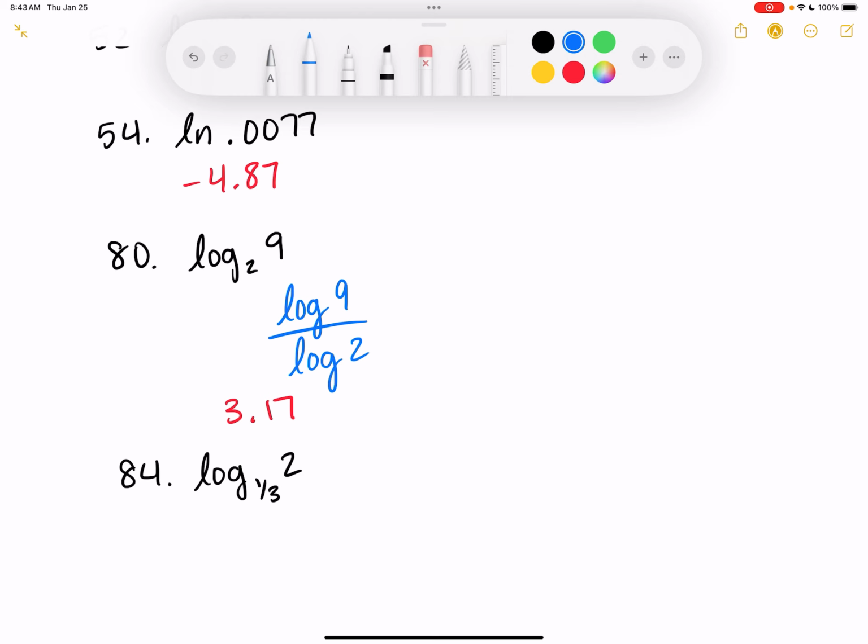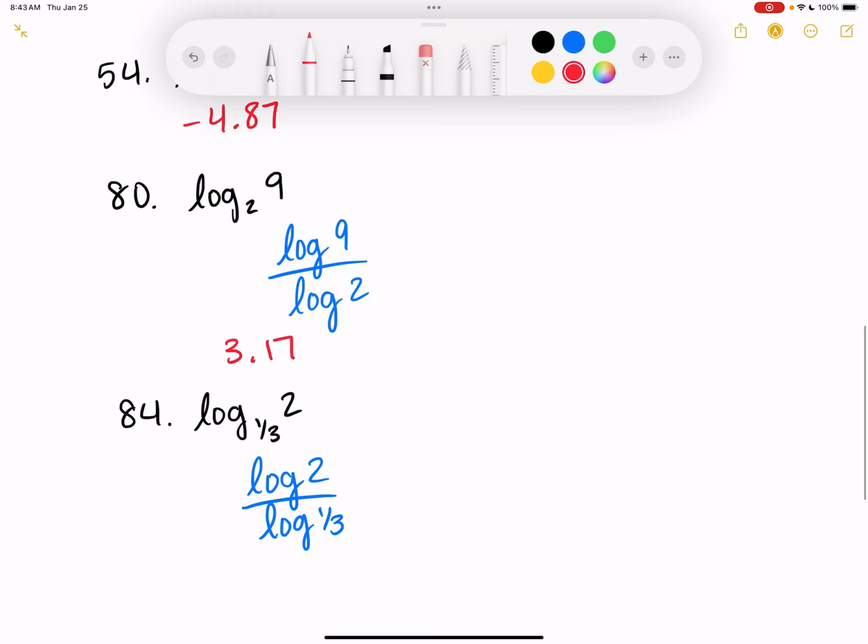Log of 2 over log of 1/3. Yep, log of 2 over the log of 1/3. So then log 2 divided by log 1/3. So that's negative 0.63.